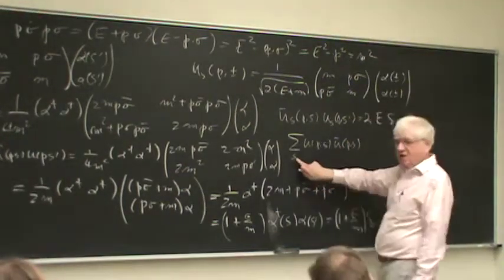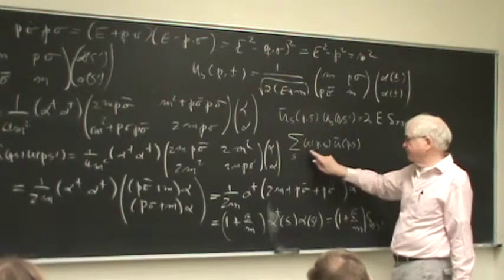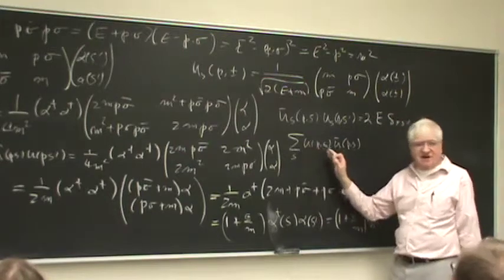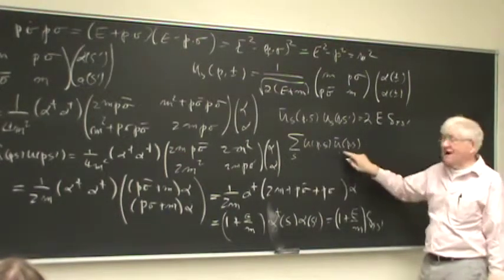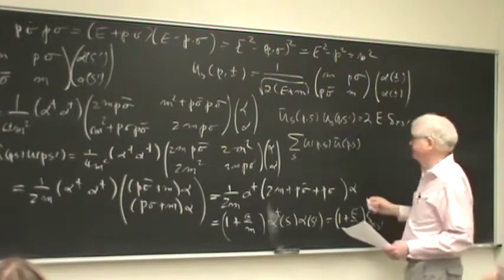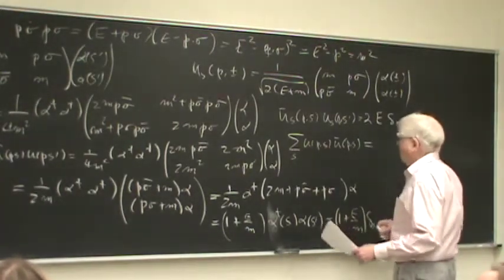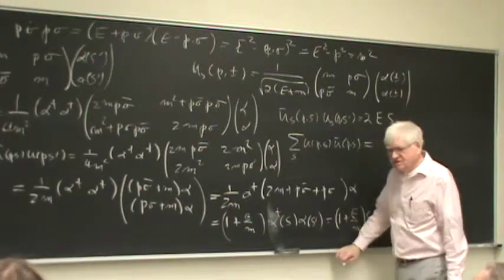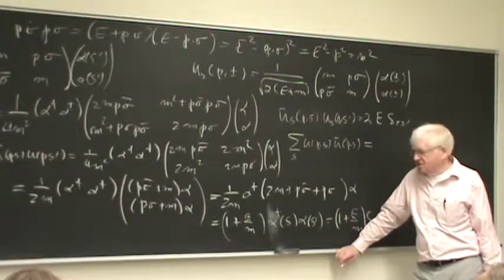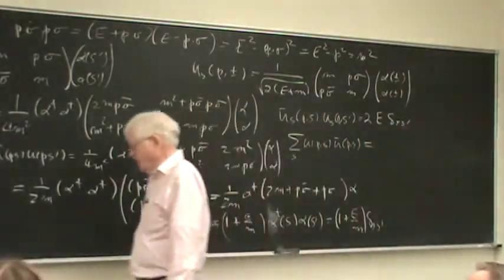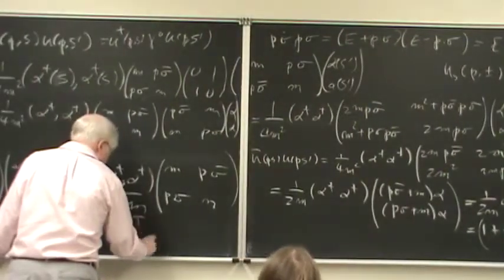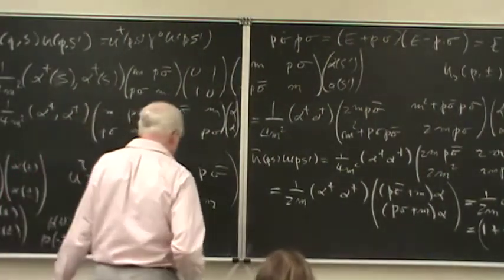Now notice we're summing over spin here. Notice also that U is on the left, U bar on the right. So this is actually a matrix. And one of the things people don't teach in most linear algebra courses is, of course, you always know if you have a vector, you take V transpose U, and that's a standard vector.